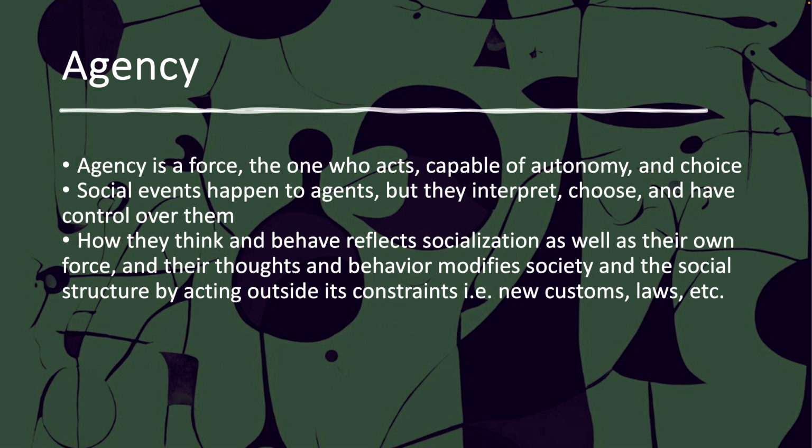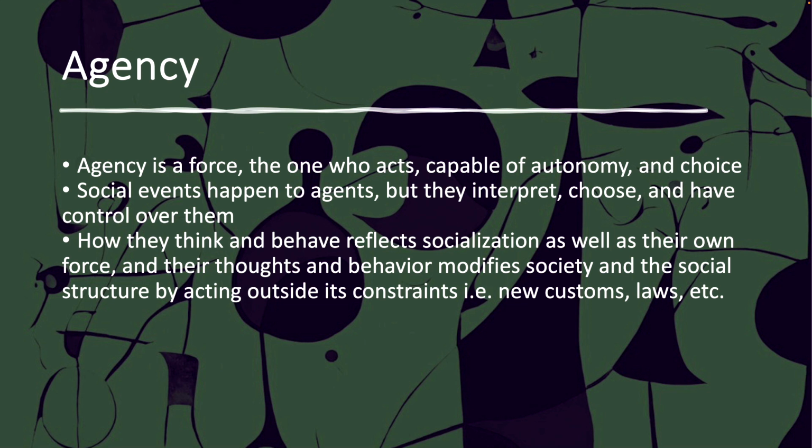New customs, laws, and so on can come into being. Again, when we're talking about agency, we're talking about this ability of individuals in the populations to be forces who act autonomously and with their own choices. They can interpret, they can choose, and they can control events in society.